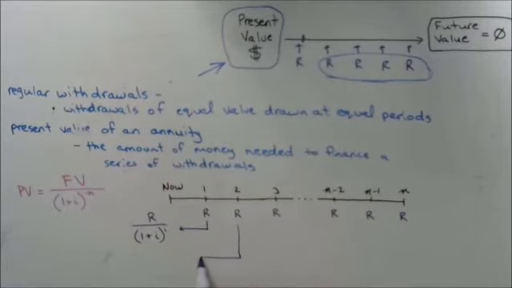He's coming over here, this regular withdrawal, and we're asking how much money do I need to have in the account right now in order to take out $500, or whatever this regular withdrawal is, after 2 compounding periods. So I'm actually going to need less than $500 now, because it's going to continue earning interest for 2 more compounding periods before I pull out the $500.